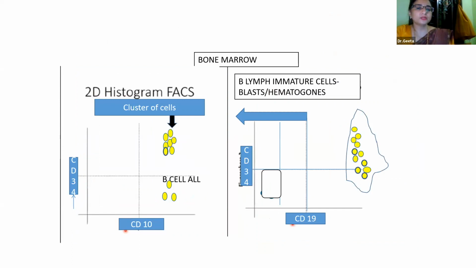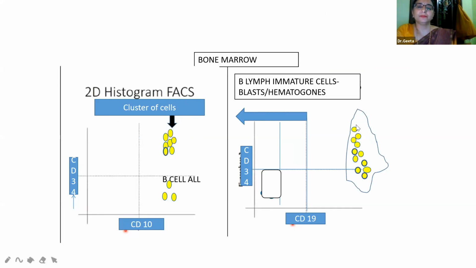There are also intermediate cells which come between the mature and the immature blast, which are the normal progenitor cells, especially important in B progenitor cells, which are called hematogones. We differentiate them by looking at the type of cell grouping. In a blast population, or a normal collection of precursor cells, they would always be in a cluster. That means the population shows similar intensity of positivity for the antigen that we are investigating.